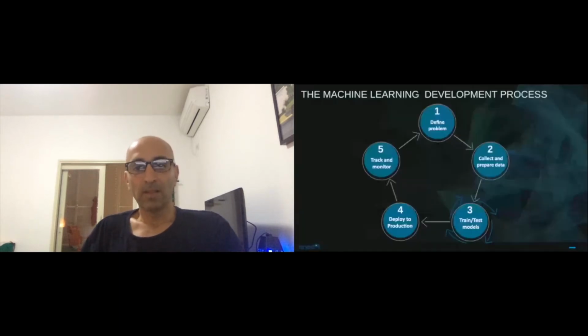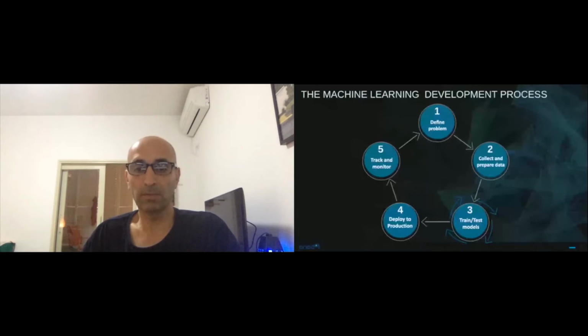So how do you actually develop machine learning as a capability into a product? I like to think about it as a 5-step process. The first step is defining what you want to solve and deciding whether it's a good fit for machine learning at all. Once you've defined it, you start the research process.